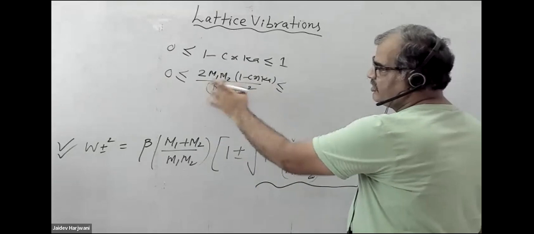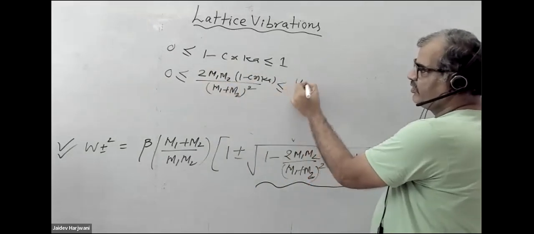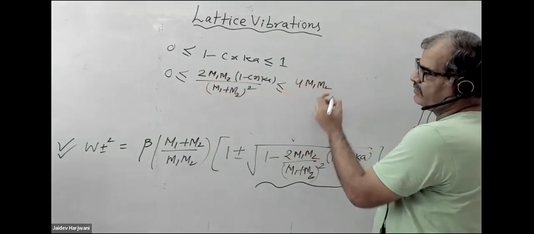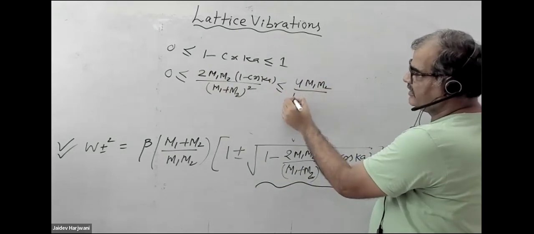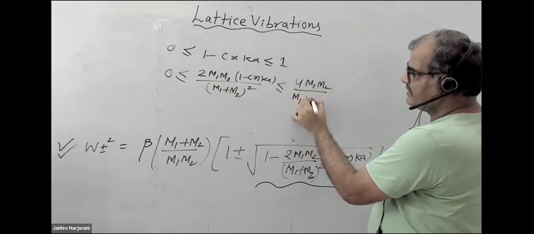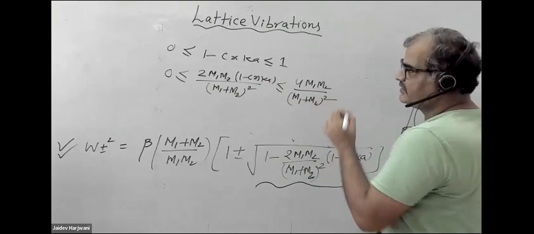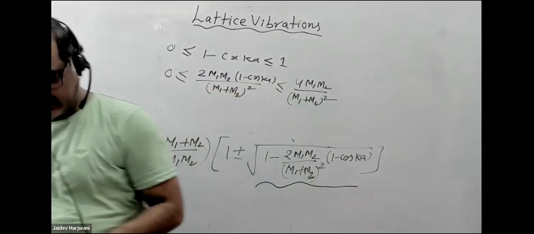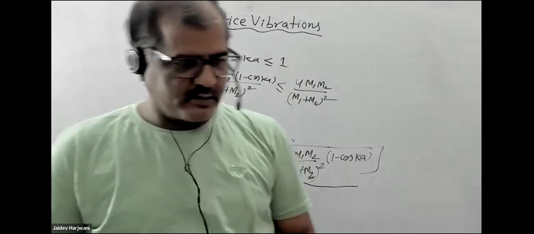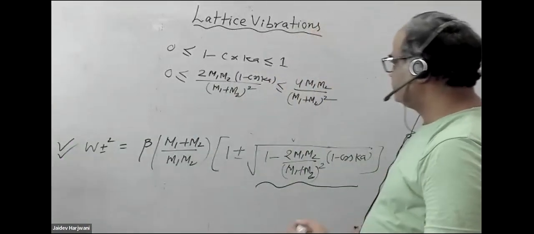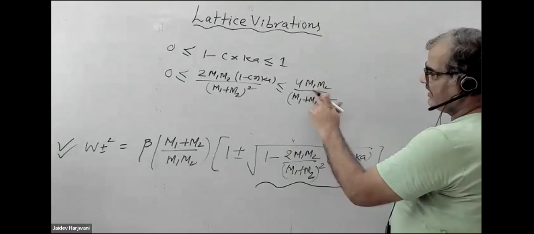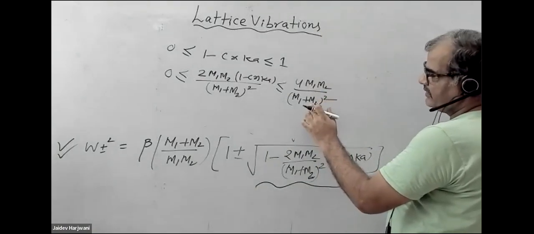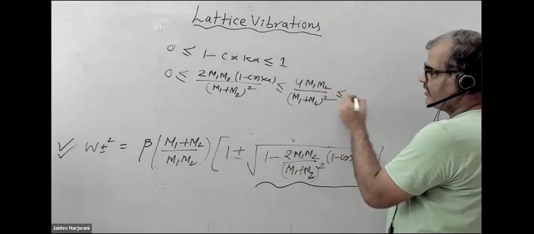The maximum value of this expression will be 4 m1 m2 upon (m1 plus m2) square. So now this expression at most can be equal to 1.